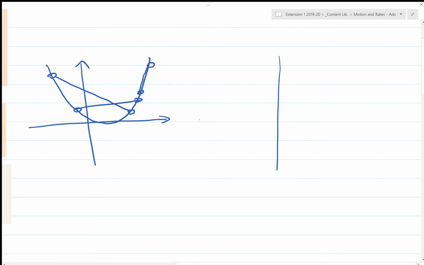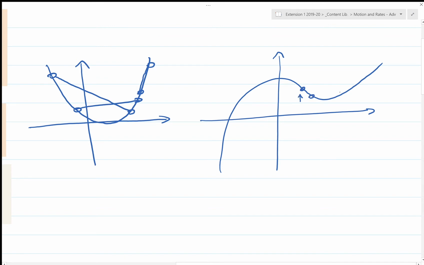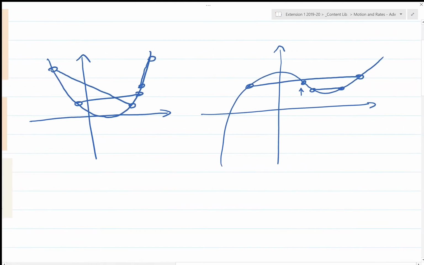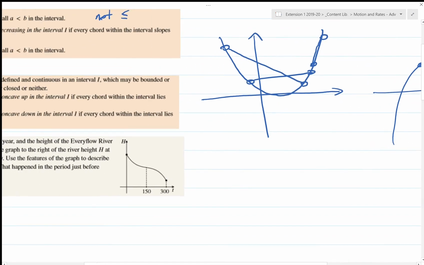And a straight line has no concavity, but I could do a cubic, and anywhere to the right of the inflection, which is there, if I pick 2 points and join them with a chord, it will lie inside, so it's concave up over there. Whereas if I try to go from here to here, it's not inside, so it's not always concave up there. It might be concave up for part of it, but not for all of it.